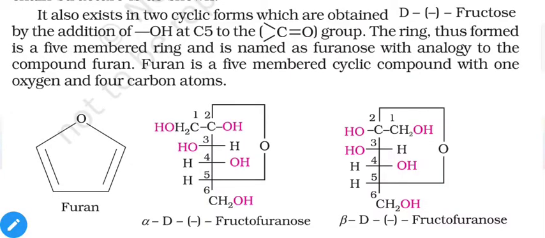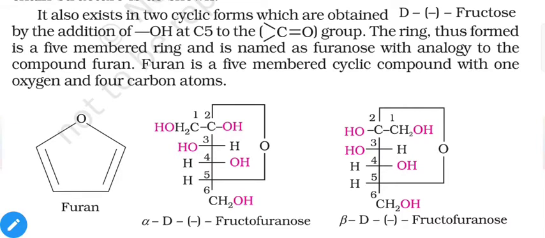It also exists in two cyclic forms just like glucose, and we can obtain it by the addition of the OH group present on the fifth carbon with the CO group on the second carbon. The ring thus formed is a 5-membered ring which contains 4 carbons and 1 oxygen. This type of structure, which contains 5 members in a ring with 4 carbons and 1 oxygen, is known as furan.